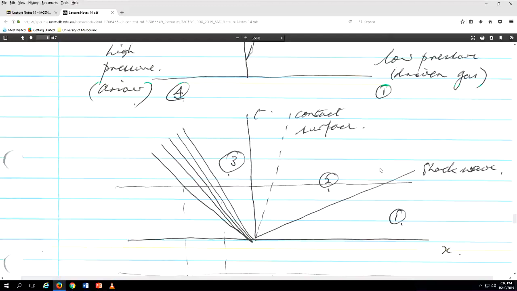Here's the contact surface. And behind the contact surface now, I'm moving this piston, if you like, to the right. It's going to send an expansion back. But the characteristic curves are u minus a.